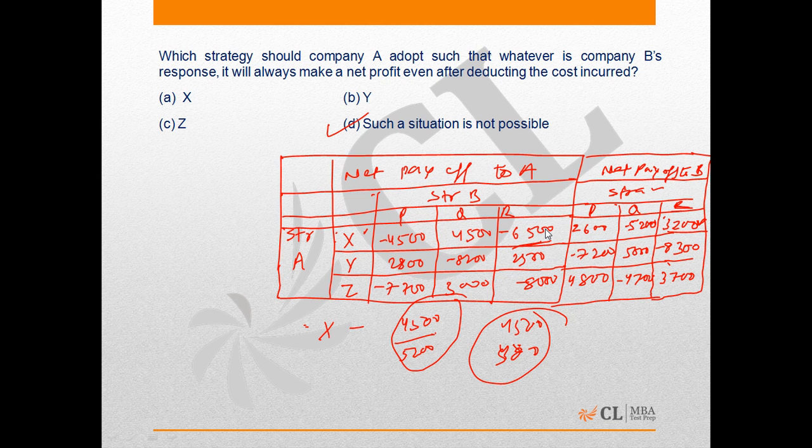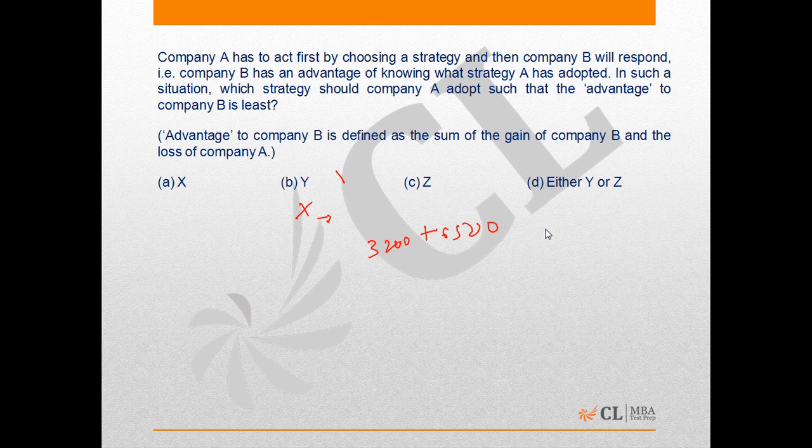So the net gain or advantage to B will be 3,200 plus 6,500, which is equal to 9,700.